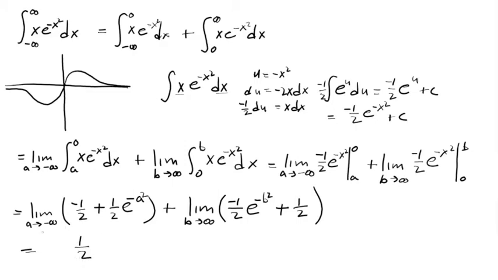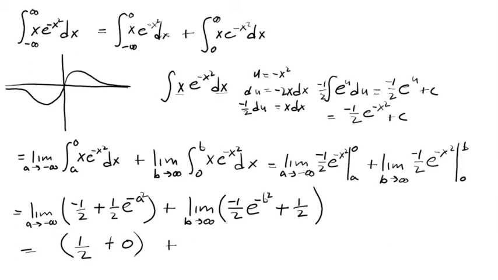Now we have to figure this out here. As a goes to negative infinity, a squared goes to positive infinity, which means the exponent goes to negative infinity. So as I look at my curve, e to the negative x squared, as x goes to infinity, it goes to 0. So this becomes plus 0.